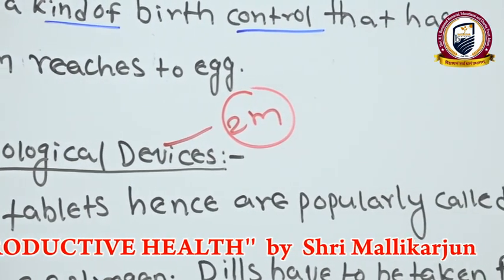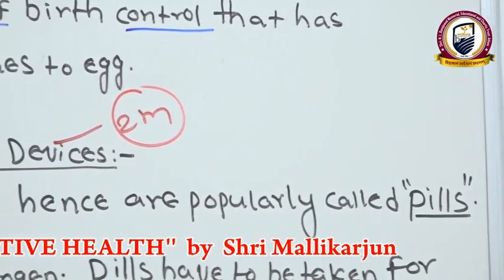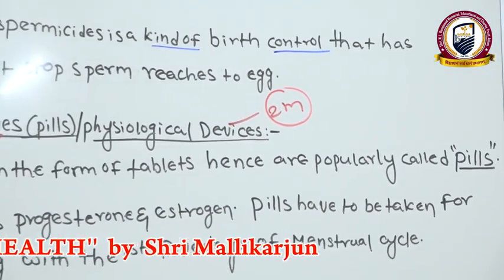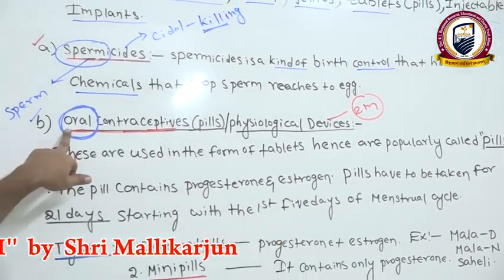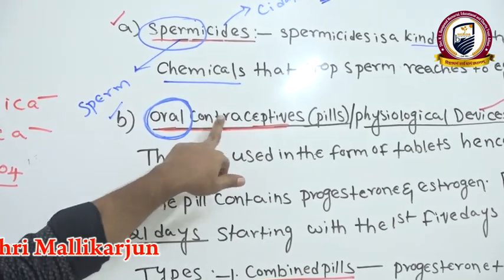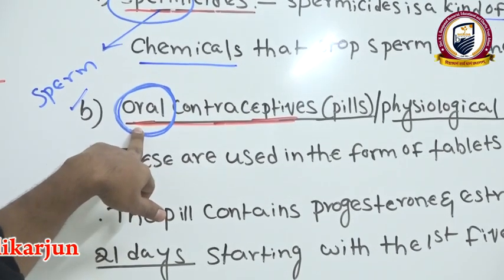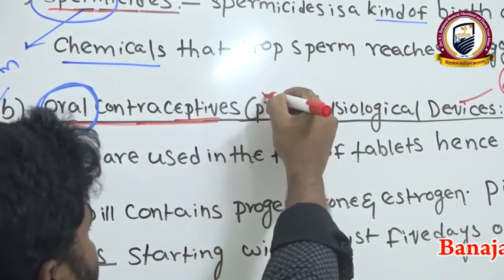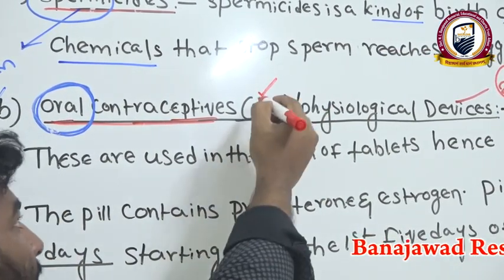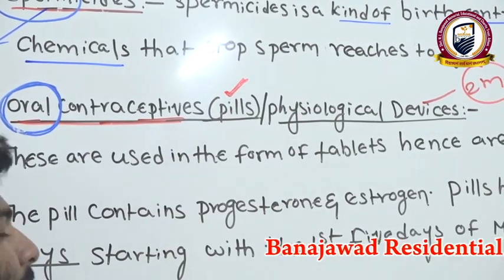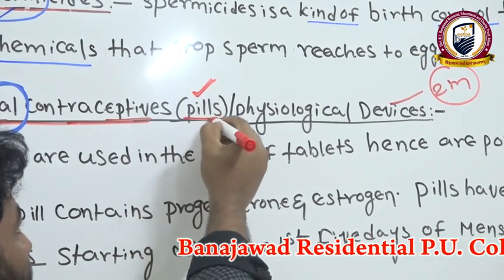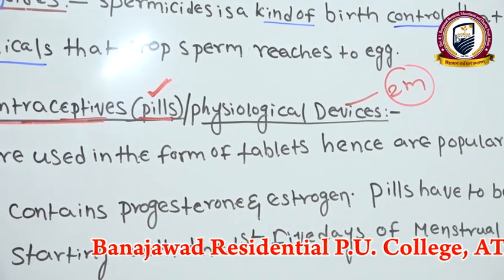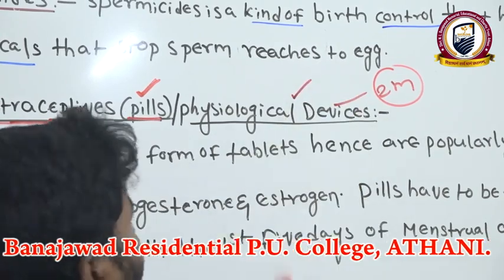These are the tablets which are taken through the mouth. That's what they mention, oral. The contraceptives which are taken through the mouth, we can call oral contraceptives. Simply we can say pills, because these are available in the form of tablets. These are also called physiological devices.